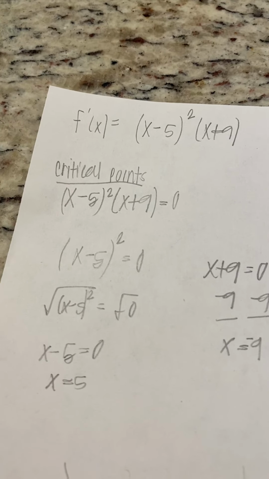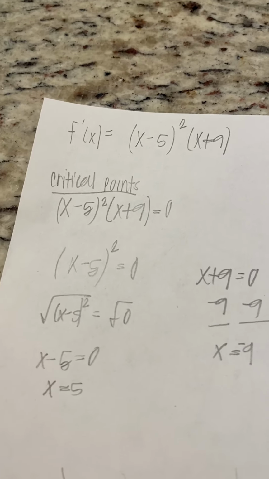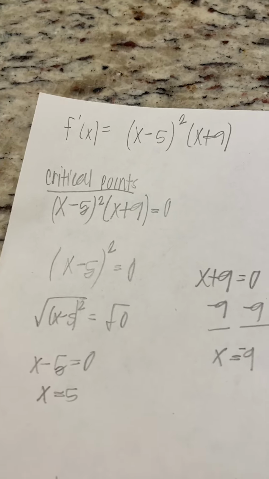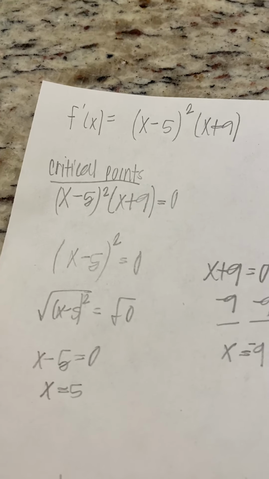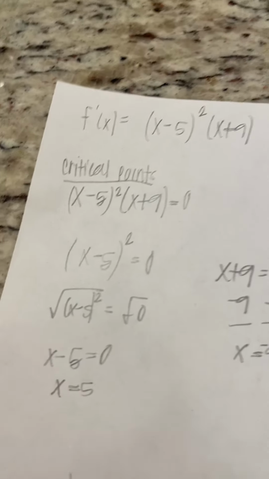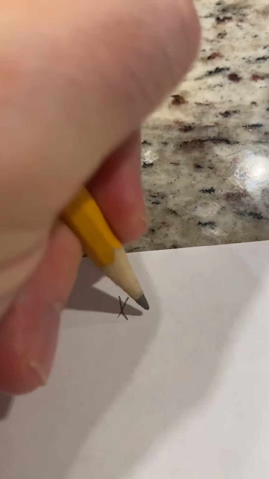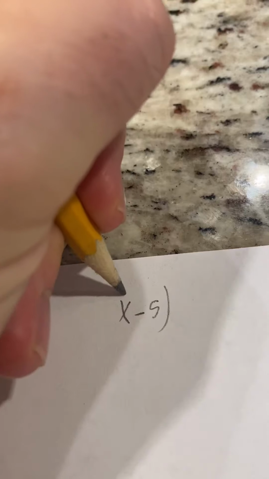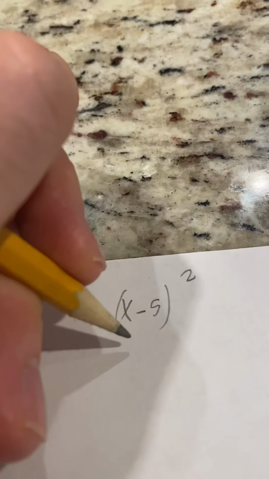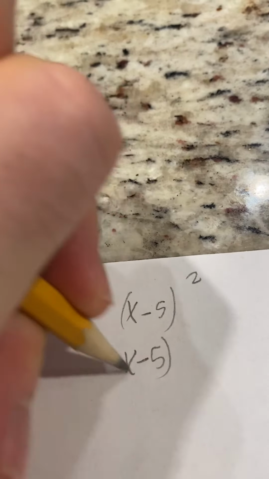But if that's the approach you took, you only type 5 in once for your answer, because the repeat is not useful. See, what I'm saying is (x minus 5) squared could also be thought of as (x minus 5) times (x minus 5).